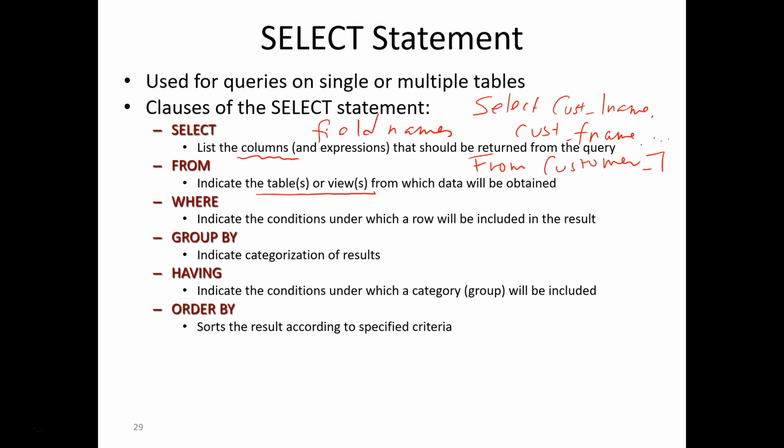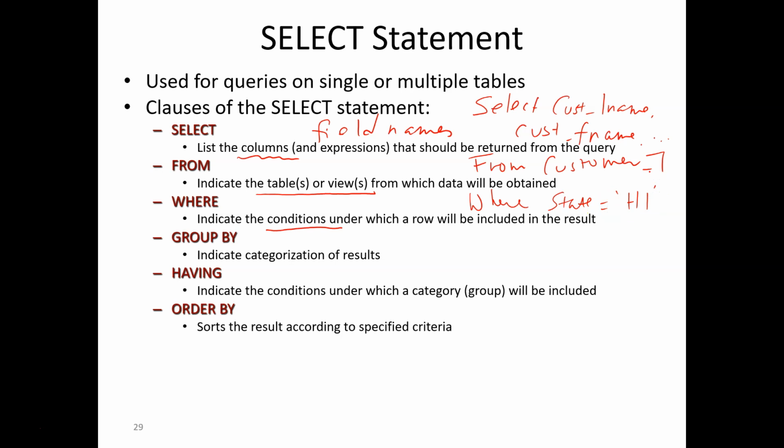Then followed by the where clause, which states the condition. It indicates the conditions under which a row will be included in the result. For example, I only want to get the records of customers who are from Hawaii, so I can state a condition that says state equal to 'HI'.